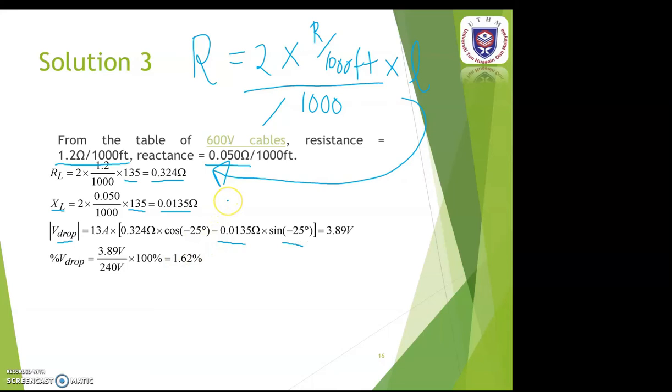You just put all the values into the equation, and you get a voltage drop of 3.89 volts. Then you calculate the percentage of the voltage drop: divide the voltage drop by the system voltage or the phase voltage, times 100%, and you get the voltage drop in the cable is 1.62%.